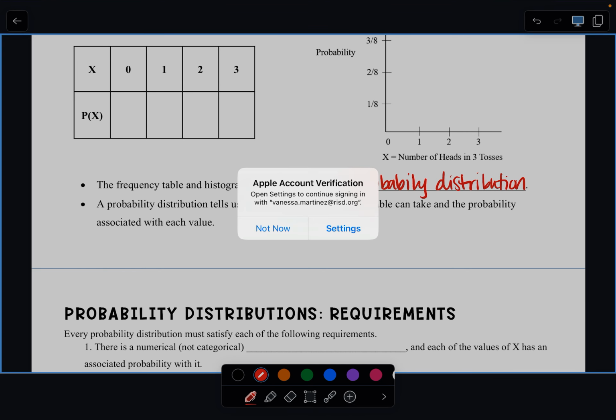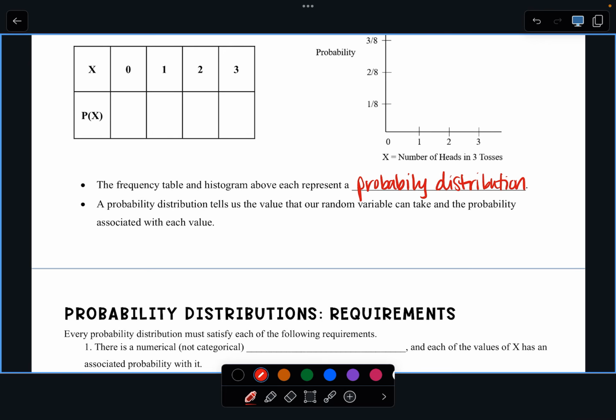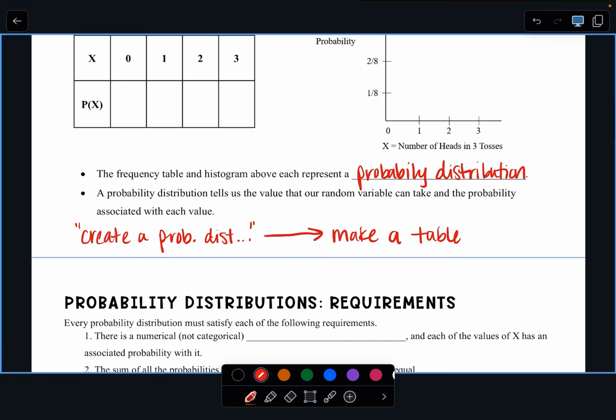If they ask you to create a probability distribution for whatever, all you need to think is that I need to make a table. This is, as a stats teacher, one of the more like, oh, they should have got that right. Because it's not hard. They literally want you to have a table where you list the outcomes and you list the probabilities. Sometimes it's as simple as just reading the question and seeing what they're telling you is going to happen. So it's a problem that you shouldn't miss.